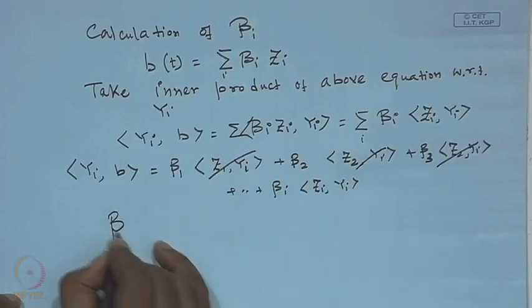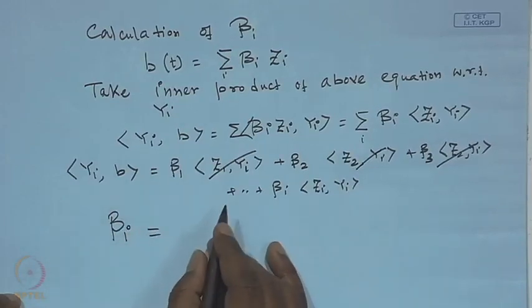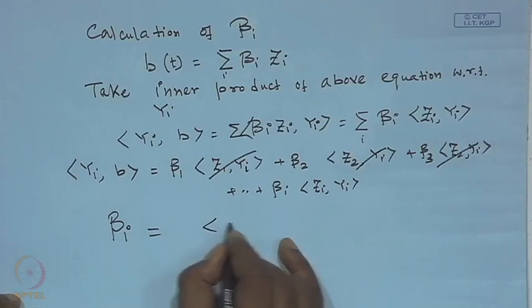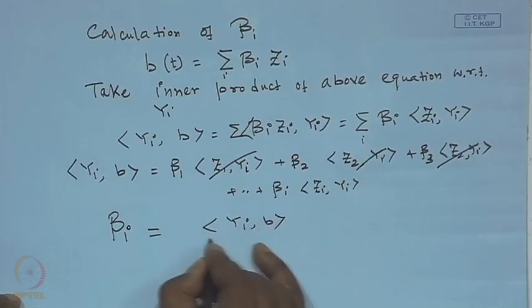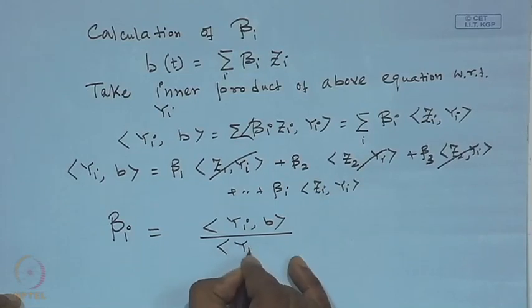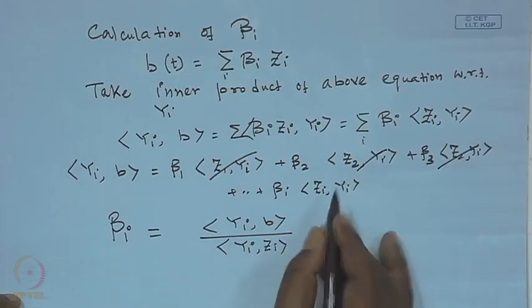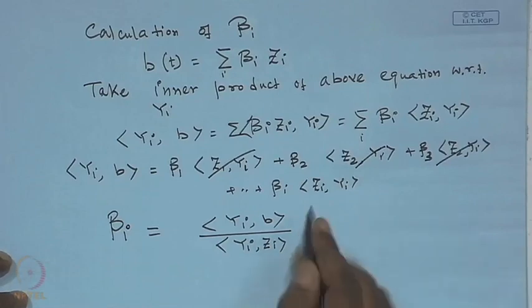Therefore, in general one can evaluate beta_i as the inner product of y_i and b divided by the inner product of y_i and z_i. The inner product of z_i and y_i is identical to the inner product of y_i and z_i.